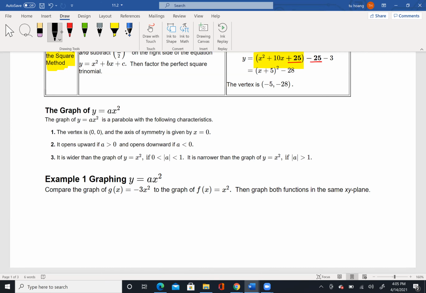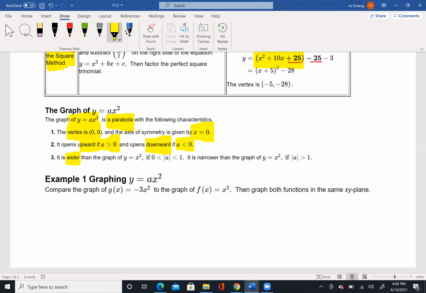The graph of y equals ax squared is a parabola with the following characteristics. Firstly, the vertex is always (0, 0). And the axis of symmetry is also just x equals 0. And it opens upward if we have a greater than 0 and downward if a is less than 0.